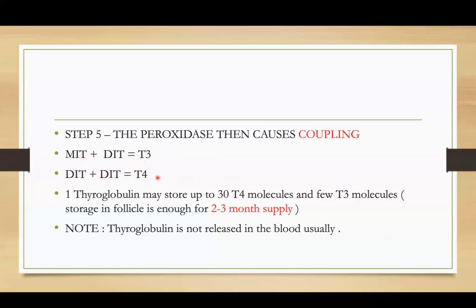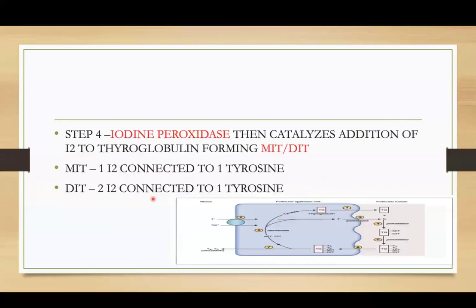So basically just math. So one thyroglobulin can actually store up to 30 T4 molecules and a few T3 molecules, like 3 or 4, in storage. So this thyroglobulin over here, you see, this can store 30 T4 and like 3 or 4 T3. And as I said earlier, T3 is not as important because it's just a minor secretion from the gland.